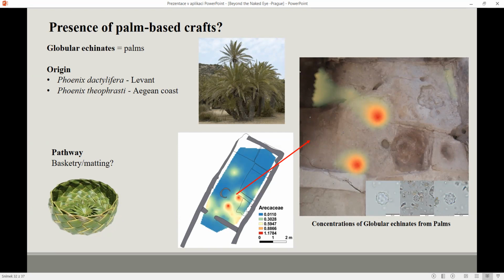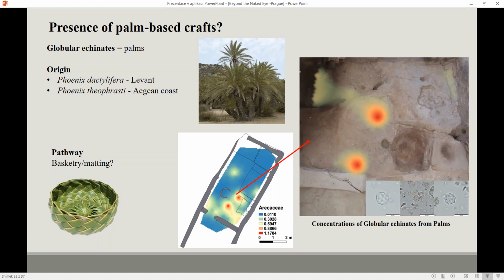And the location of this concentration is very interesting as well, because here's where we can find the ladder bench. You know, the house was entered through here. So this location perhaps is telling us about a dynamic image where, by entering or getting out of the house, this plant-based craft was located in this location, and through time, through the repeated location of this artifact in these areas, phytoliths are freed from the plant and became integrated into the sediment.